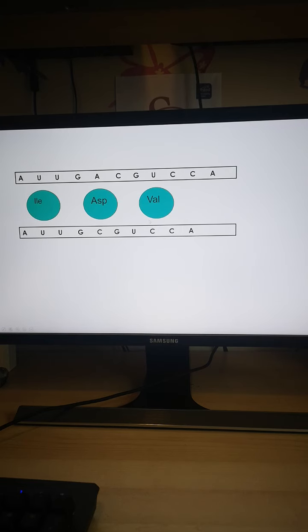Okay, so let's have a look at the mutation then. Remember, the mutation happened here. So we really want to see what's happened to this codon and the codon downstream. The first one's the same, but as soon as you start reading them from the point of the mutation, GCG gives us alanine, and then UCC gives us serine, so SER.